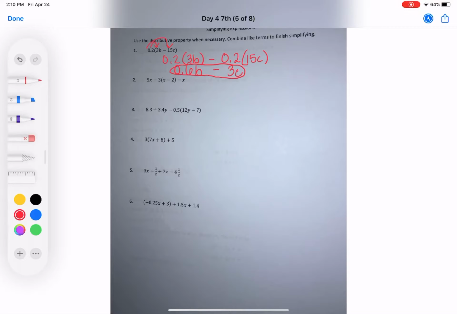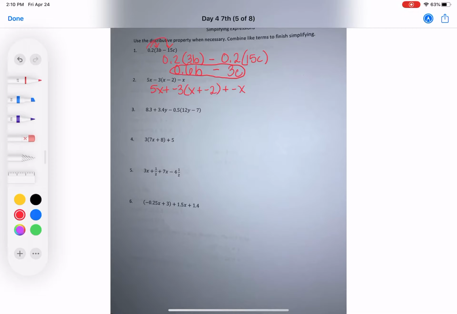Number 2, I'm going to first write my problem as addition, simply because we have a subtraction sign before the 3. So my new problem is going to be 5x plus negative 3 times x plus negative 2 plus negative x.